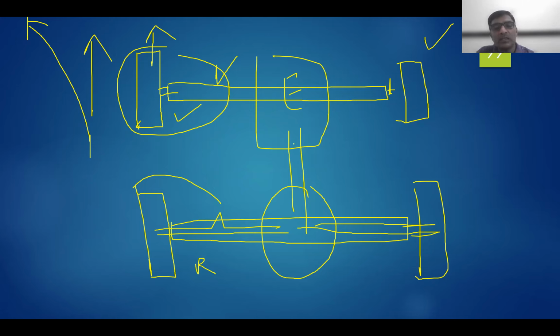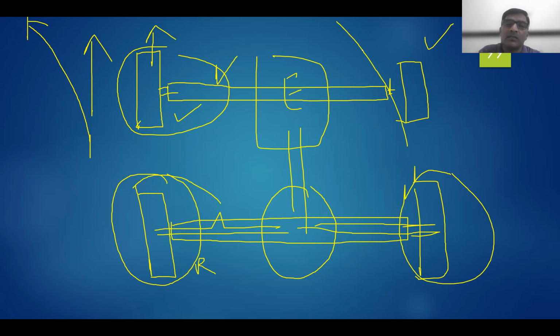So the engine, via different transmission elements, is connected to the rear axle, that is the live axle. Now suppose the vehicle is going to take a turn in this direction. What it indicates, this wheel has to cover less distance, this wheel has to cover more distance.